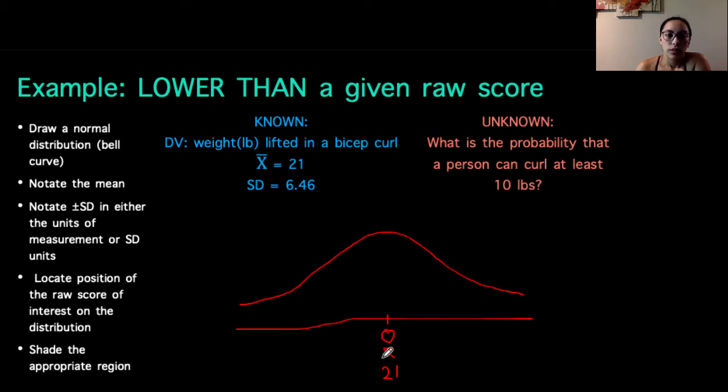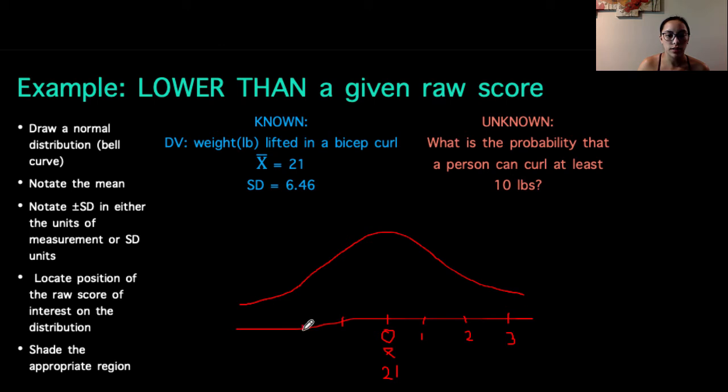So we have a mean of 21, and a standard deviation of 6.46. Personal preference, I like making 3 tick marks, 1, 2, and 3, and this is plus 1, plus 2, plus 3 standard deviations.